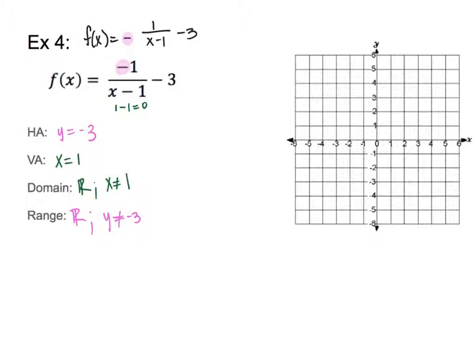So if I were to draw these asymptotes here, we have -3 for y, so that's going to be down here, then x equals 1 for the asymptote. So at x equals 1, I'm going to draw a vertical asymptote.